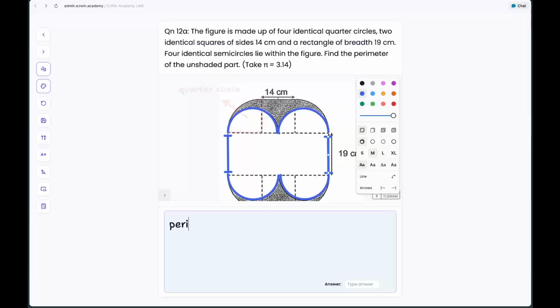So the perimeter of the unshaded part is basically 19 plus 19 plus 4 times a semicircle, which is 38 plus, what's 4 times a semicircle? 2 full circles.